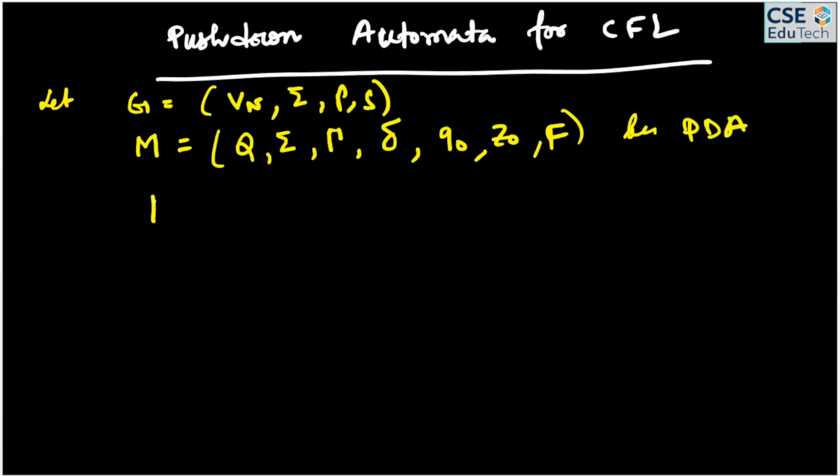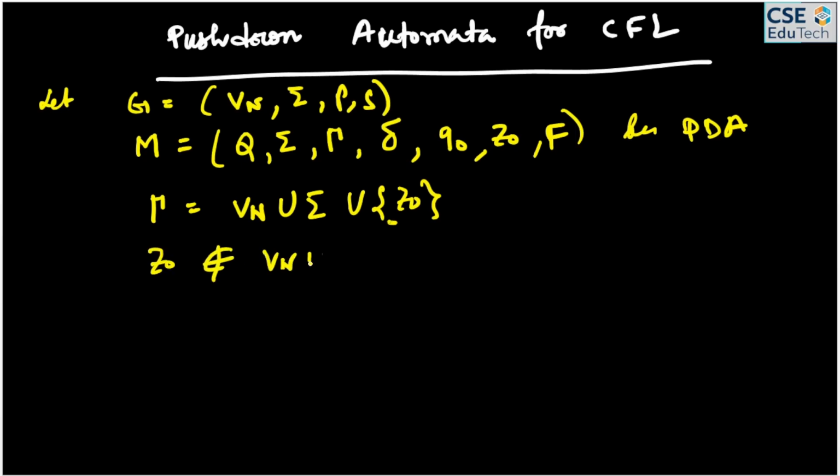Where this gamma, we know, is Vn union sigma union the special symbol G0, and G0 does not belong to Vn union sigma.